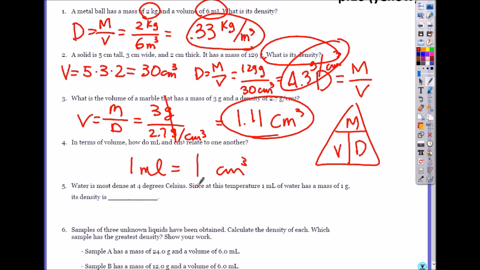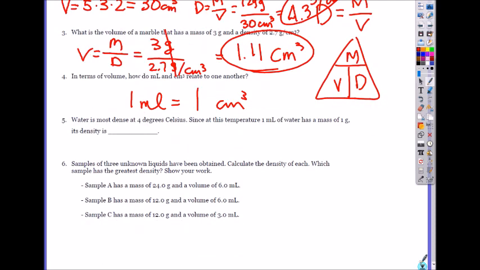Okay? So now number 5. What is the most dense? Water is most dense at 4 degrees Celsius. Since at this temperature, 1 milliliter of water has a mass of 1 gram, its density is... So again, this is a density question. If you are looking for density, you do mass divided by volume. Do you have to know when it has the most density?